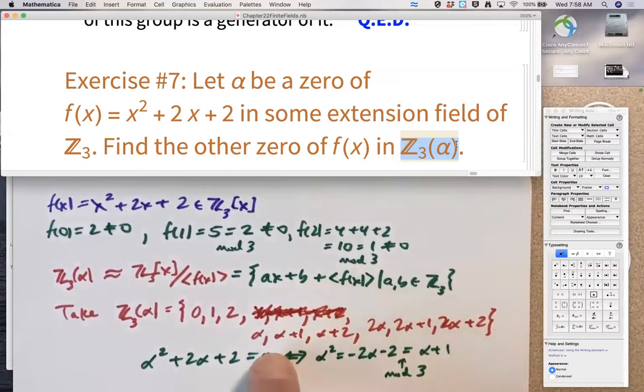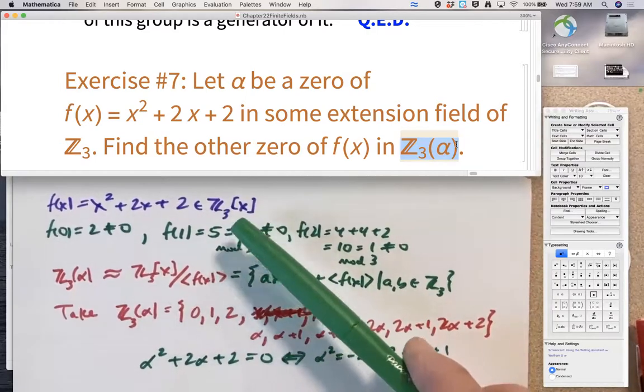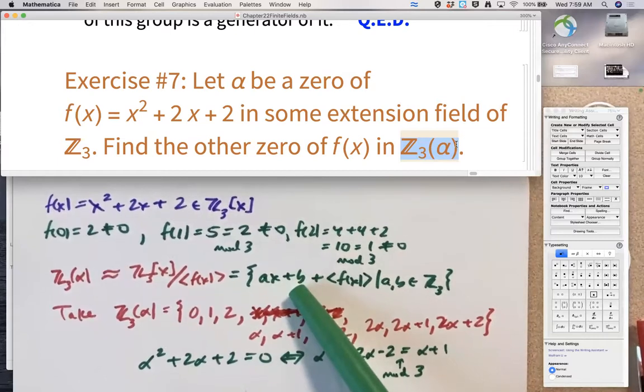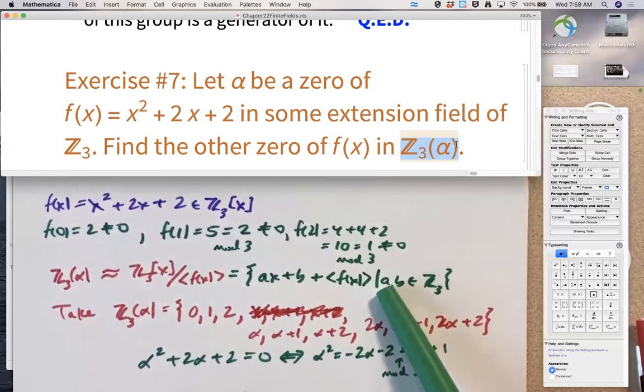Though it is traditional to use alpha instead of x, I started to use x because I was thinking about the coset representatives, but use alpha as acting like the x does up here. Because we did see with an example, and you also read about with Kronecker's theorem, that one example of a root of this polynomial in this field is the representative x plus the ideal generated by f of x.